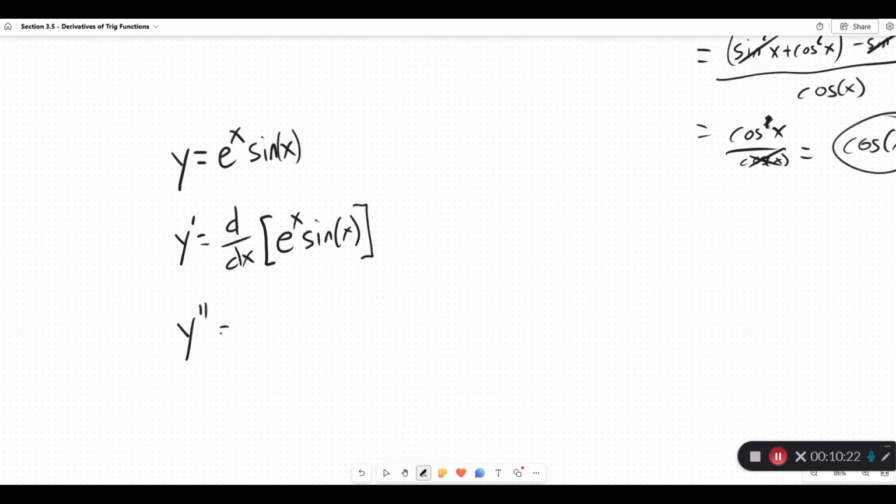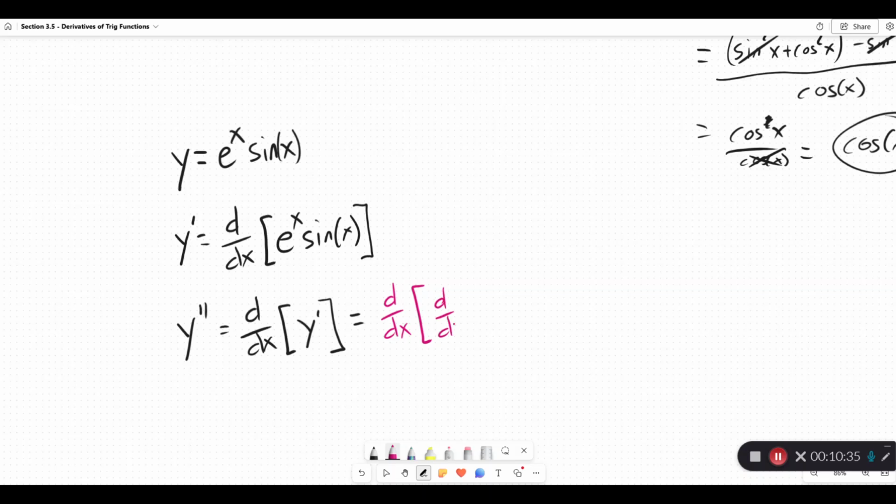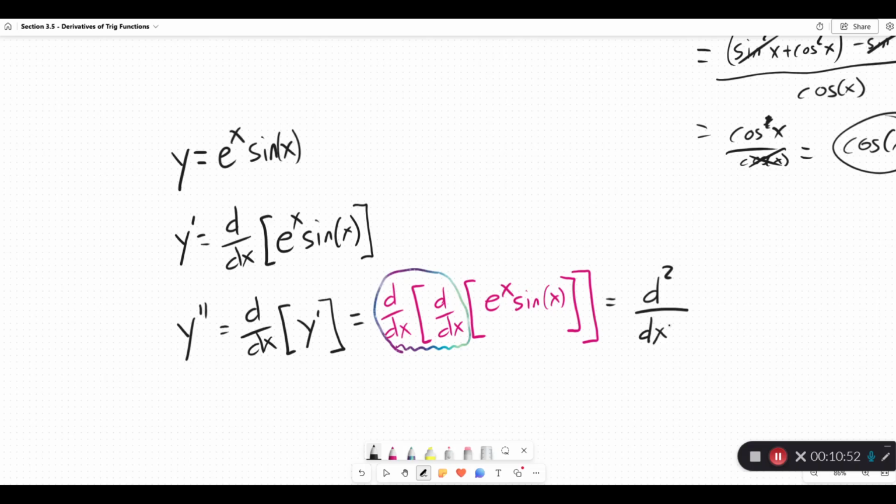Y double prime will be the derivative of y prime, which will be the derivative of the derivative of e to the x sine of x. And something happens between these two. We group them together as d squared over dx squared of e to the x sine of x.